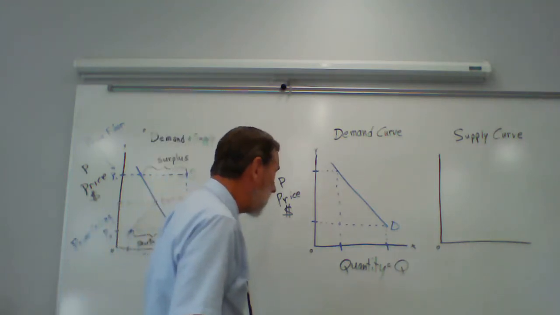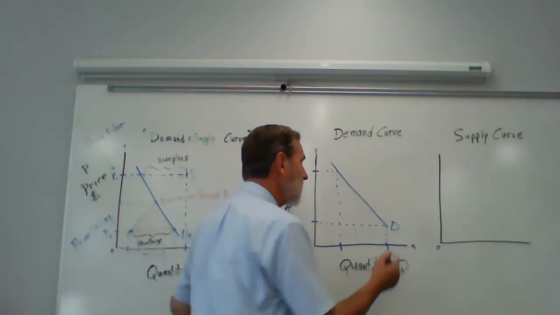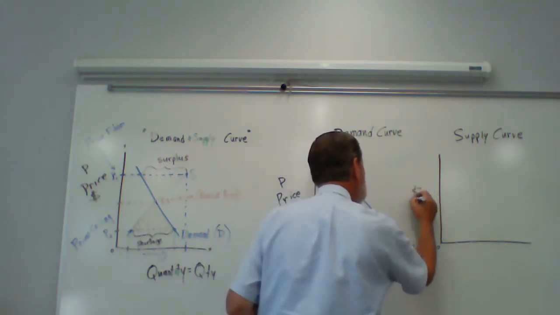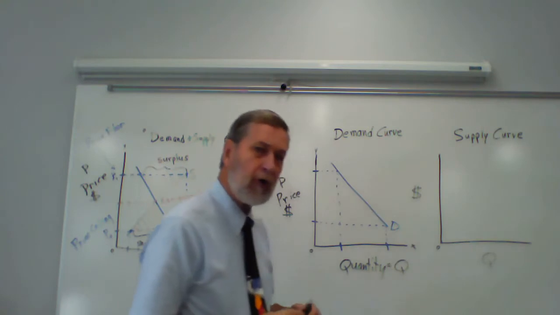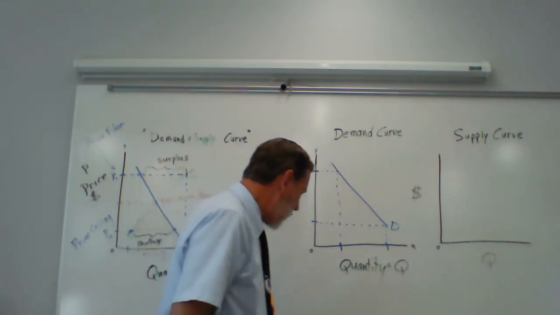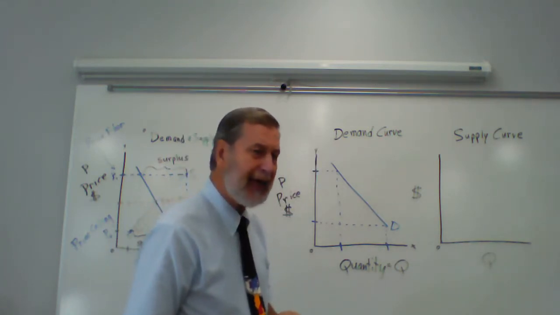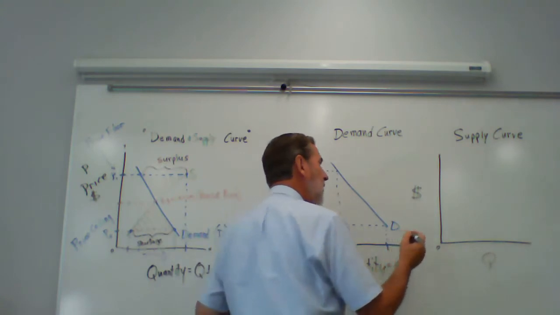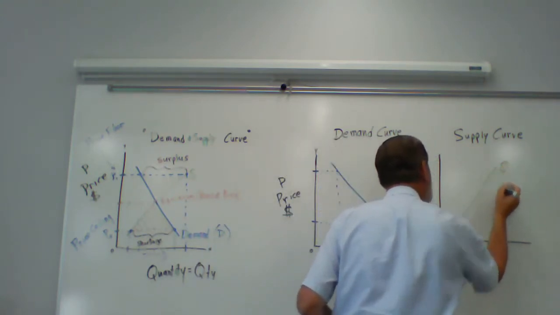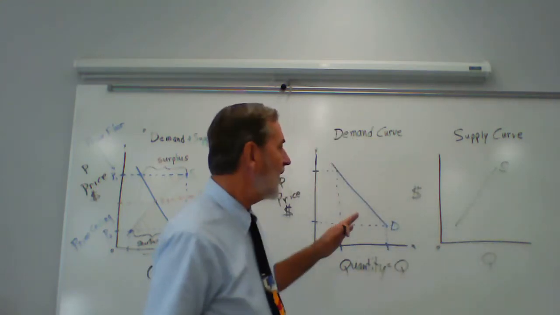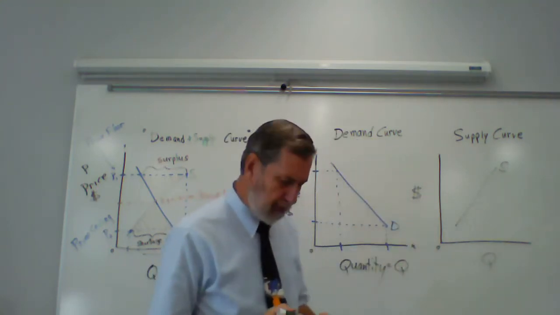And similarly, we will use price for the vertical axis, quantity for the horizontal axis. If you're supplying something to sell, then we are going to draw the graph differently. We are going to draw a supply graph that goes upward and to the right.